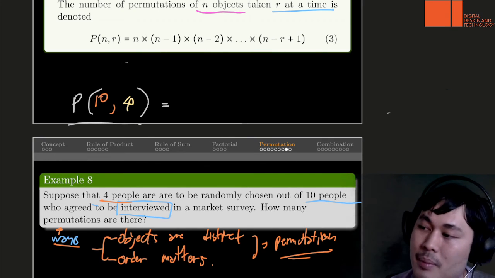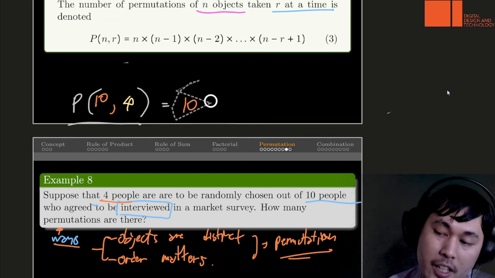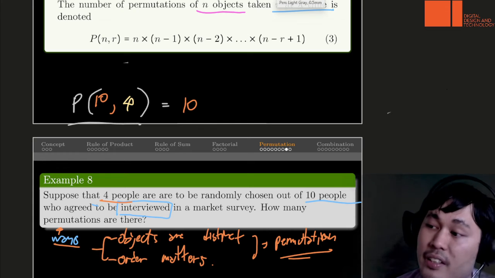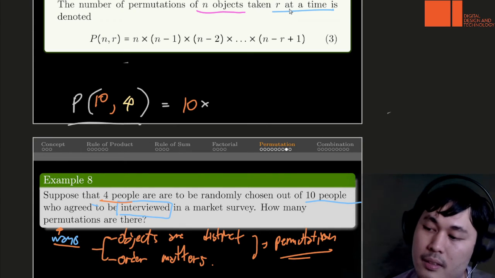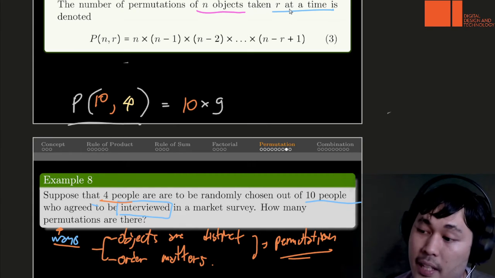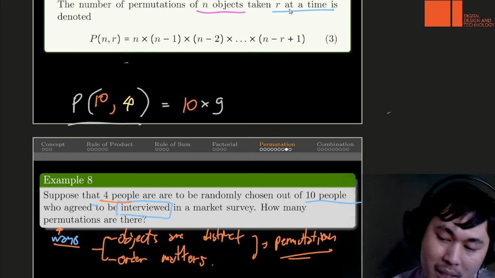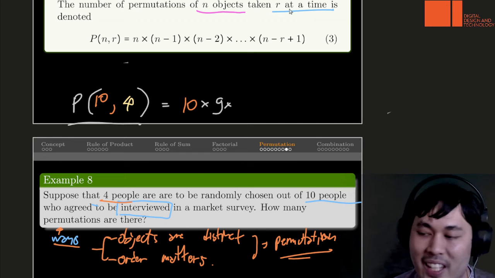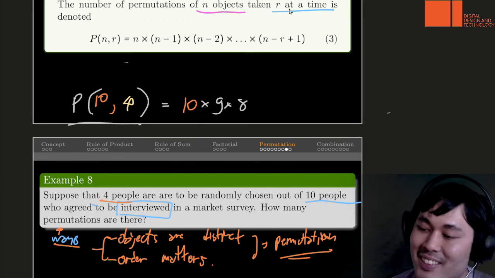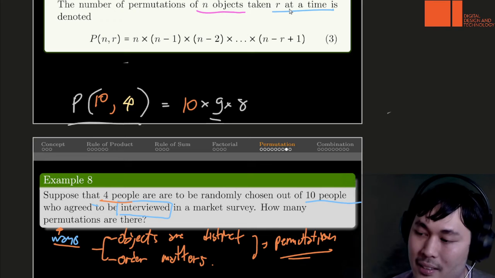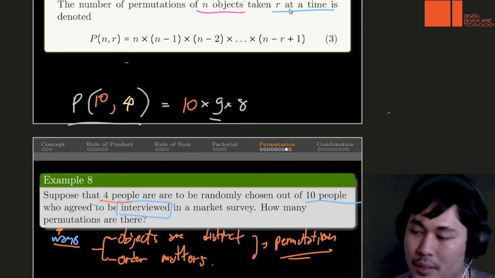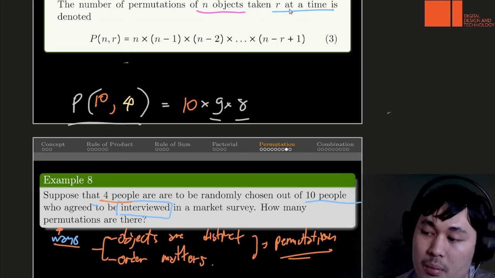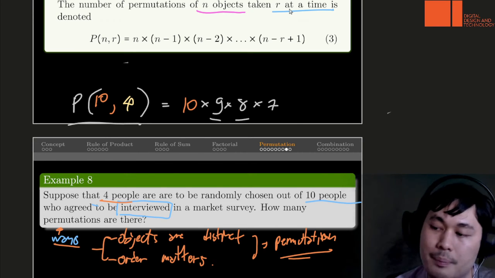Then the first number is 10. The first person to be interviewed can be chosen from any of the 10. Then the next person must be from 9 of those 10. You don't interview the same person over and over again. That would be called interrogation. But for the next person, there are only 9 options. Then in the third slot, the third person to come in can be chosen from 8 remaining people. And lastly, we have 7.